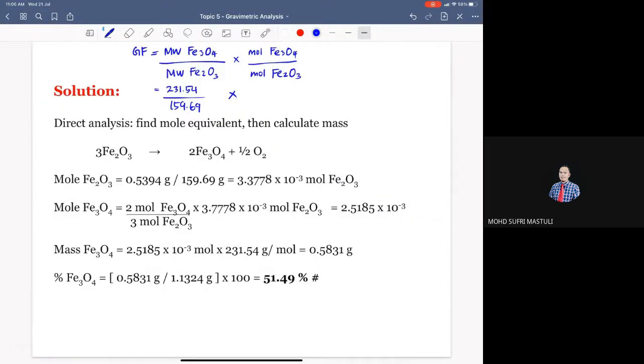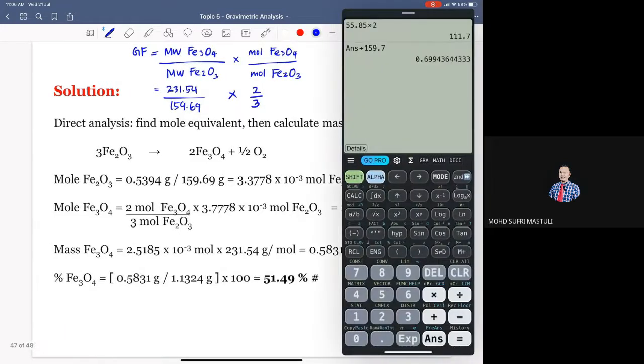So 231.84 times 2 divided by 159.69 times 3.